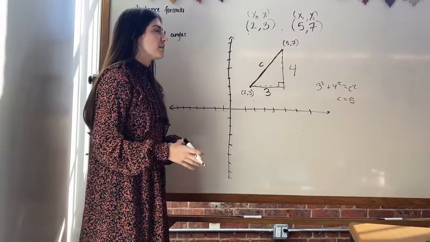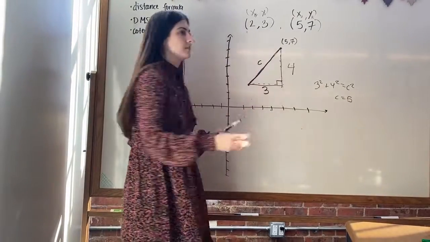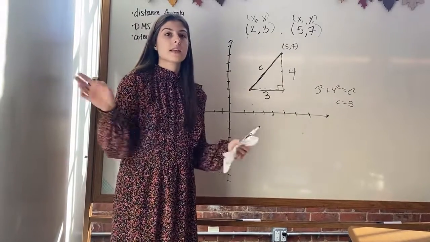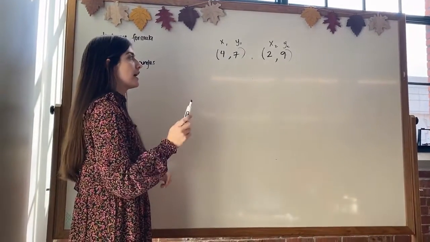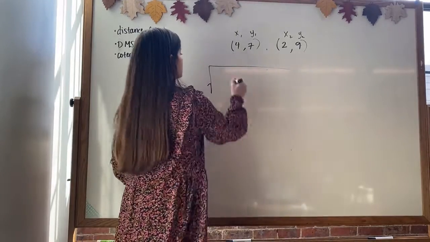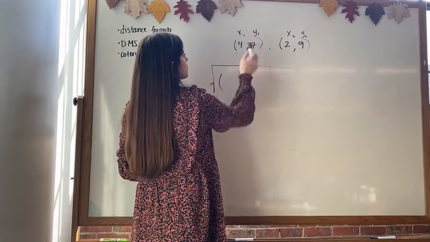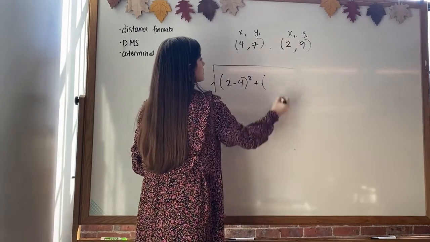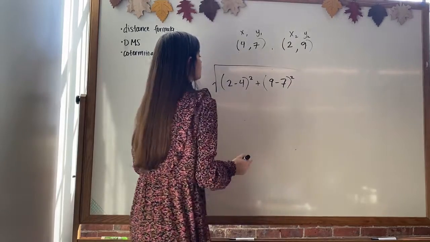Now I know that some of you were worried about the square roots. That's algebra. We can do an example with square roots. So let's say we're given these 2 points, (4, 7) and (2, 9). Just like we did before, we're gonna do x2 minus x1, so 2 minus 4 squared plus y2 minus y1, 9 minus 7 squared.